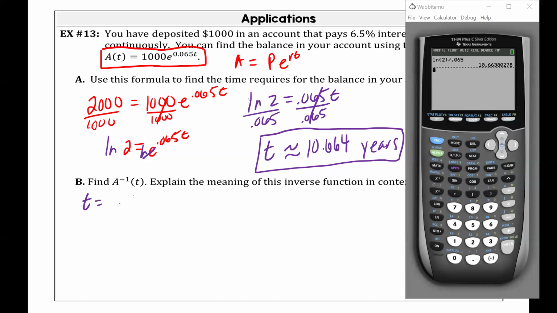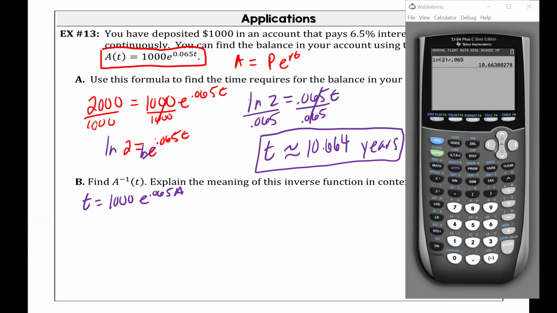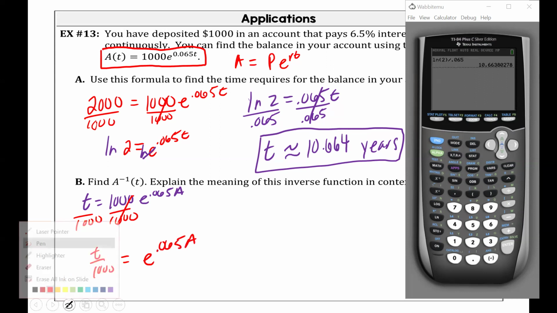So now we have t equals 1,000 e to the 0.065 A. And we're going to apply the same steps that we did here to double it, but now for any amount. Does that make sense? So we're still going to divide by 1,000, right? So we're now left with t over 1,000 equals e to the 0.065 A. We're still going to take the natural log.